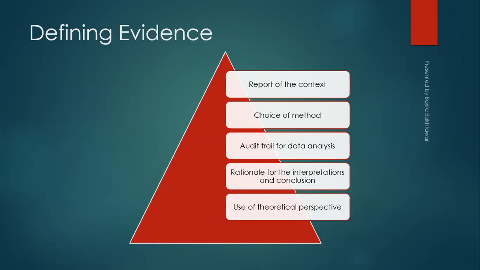It can be a survey, it can be a content analysis, it can be an experiment. Then how the data was analyzed, then what was the rationale of the interpretations and conclusion that was made. And then finally, you also have to check the theoretical perspective that has been adopted for this particular study: was it the right theoretical perspective or not?